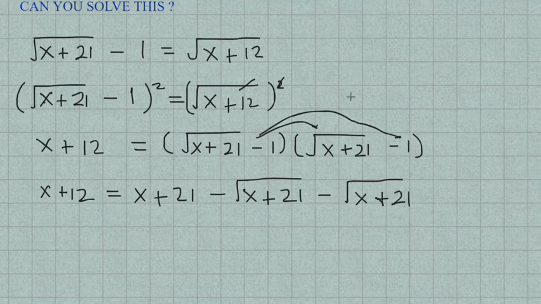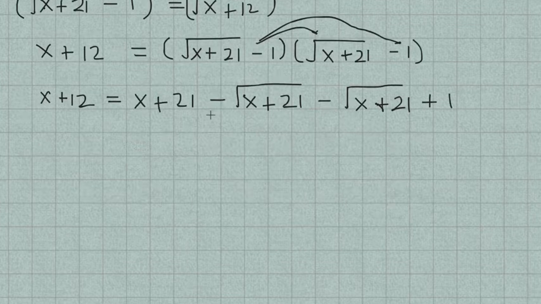Then this minus 1 multiplied by minus 1 gives plus 1, right? So now I need to add this and this together.